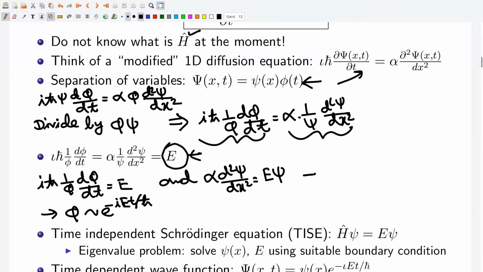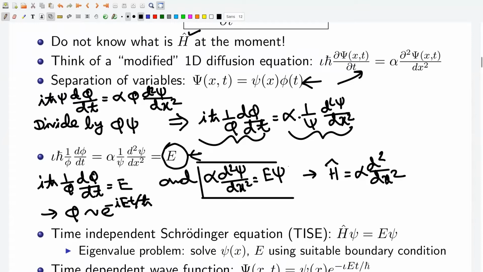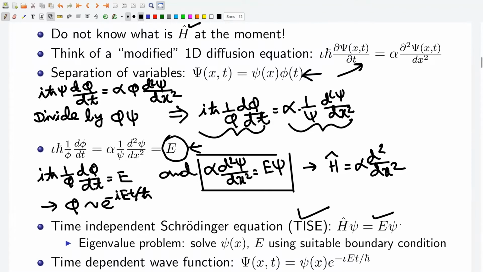And keep in mind that in this slide we have assumed that alpha H equals alpha times d²/dx², and this part is known as the time independent Schrödinger equation, and we can write that as H psi equals E psi.